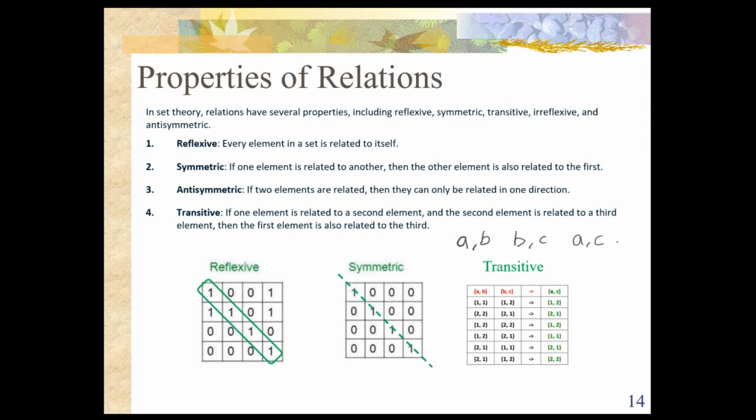If there is, that is evidence of being transitive. And this must be true for all the relationships in the R set in order for the whole relation matrix to be considered transitive. We look at this in detail through some examples after this.